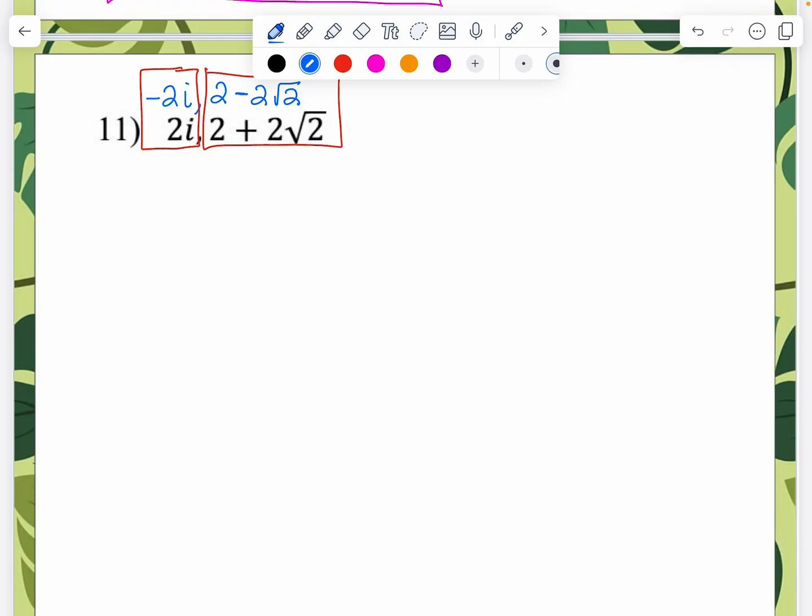All right, so I'm going to do negative 2i and positive 2i first. So the sum of negative 2i plus 2i turns out to be equal to 0. So as I build my polynomial down here, I'm going to have x squared, and the opposite of 0 is just 0. So there is no b term. That's cool.